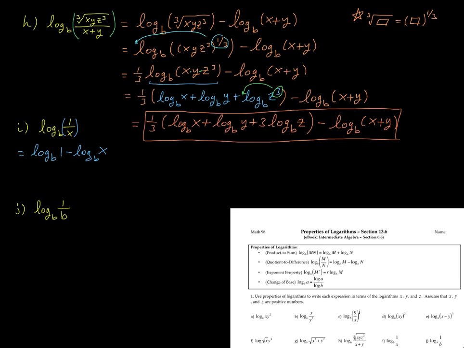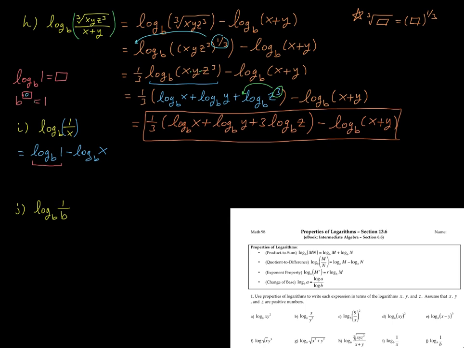Now, like what we saw with part C, where we were able to break down this numerical logarithm a little bit further, can we break this down? Log base b of 1. This is saying b to what power is equal to 1? Well, b to the 0 power, right?